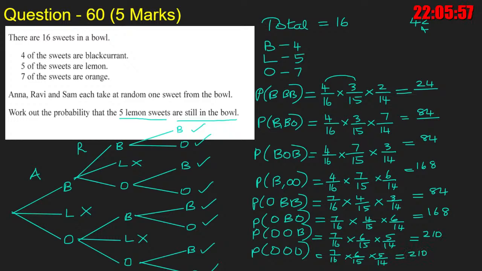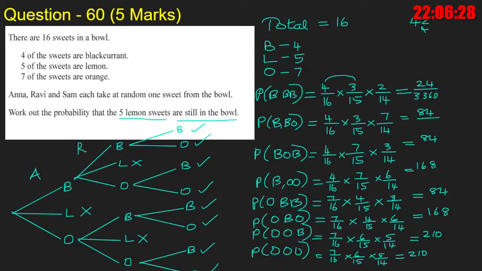So I'm just going to multiply everything. So 16 times 15 times 14, 3360. So 24, add with 84, add with 84, add with 168, add with 84, add with 168, and plus 210 and 210.